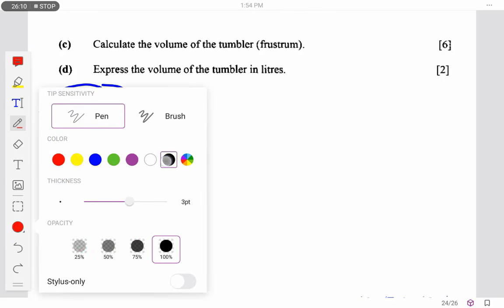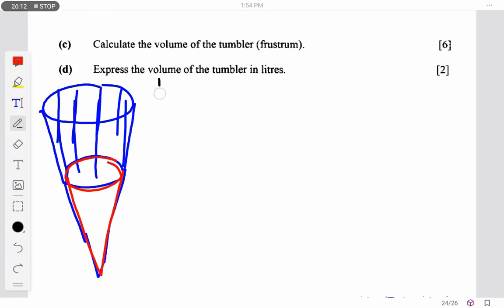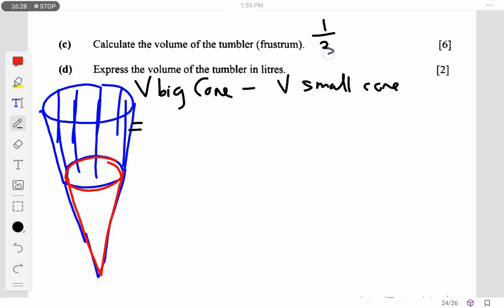So I can say, in other words, I've got big cone. I'm saying volume of big cone minus volume of small cone. Okay, like that. So this is equal to volume of a cone is basically 1 over 3 pi r squared h. So this is the formula of calculating the volume of a cone.